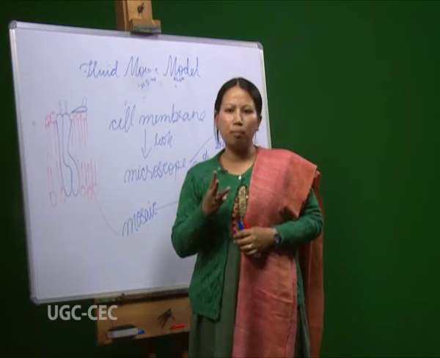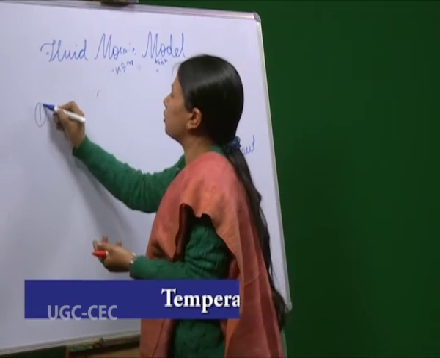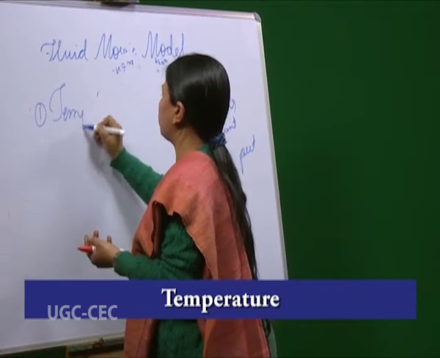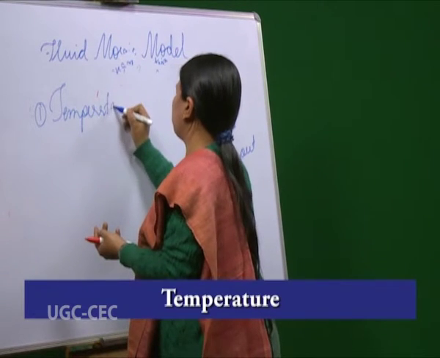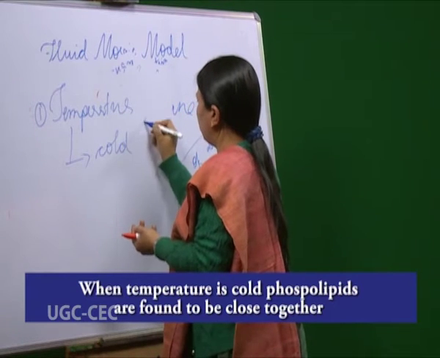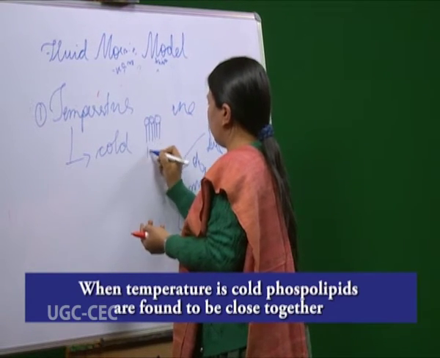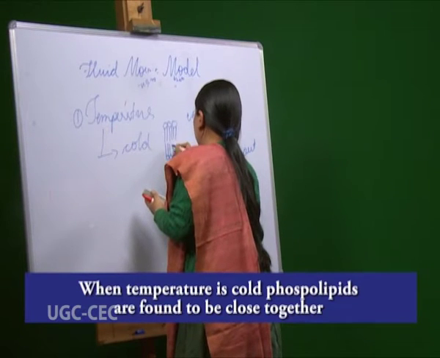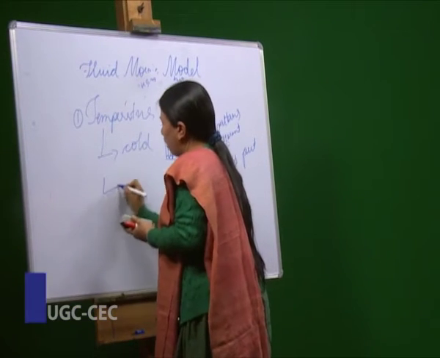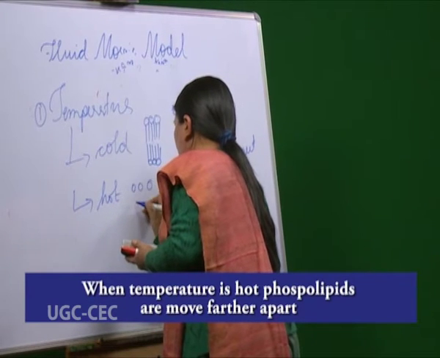There are three main factors that influence the cell fluidity. First is the temperature. When temperature is cold, they will stick together. And when it's hot, they will move apart.